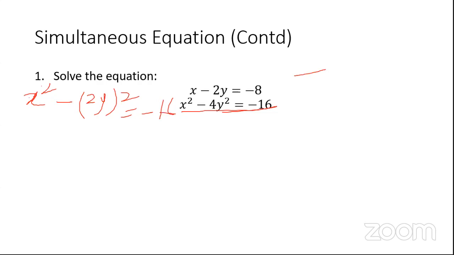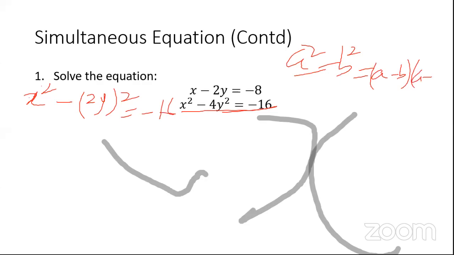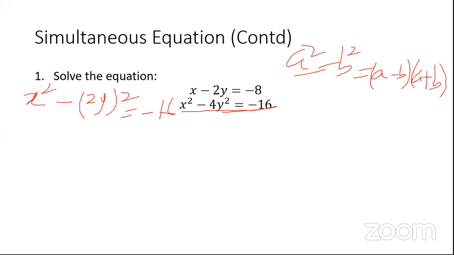So when you have a difference of two squares, how do we do it? If you have a squared minus b squared, you know it's the same thing as what? (a minus b)(a plus b). Please, you writing, please respect yourself. So that is what we have tried to write there.